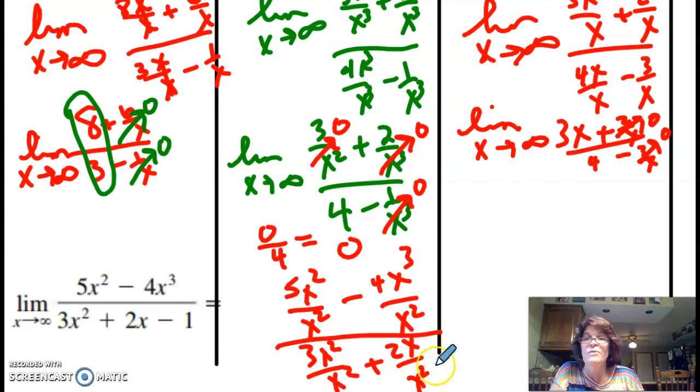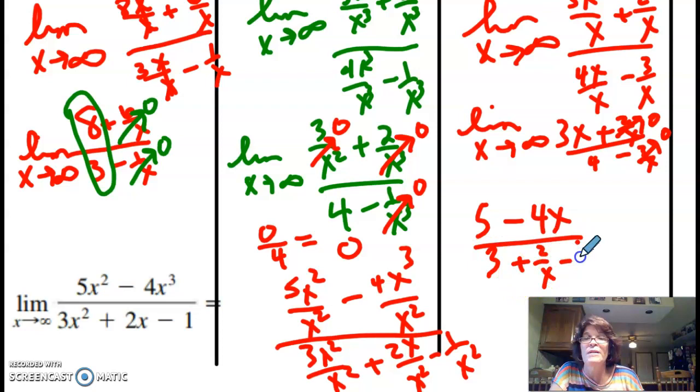That gives me 5 minus 4x over 3 plus 2 over x minus 1 over x squared. The only things that zero out here are these two. So I get 5 minus 4x over 3.